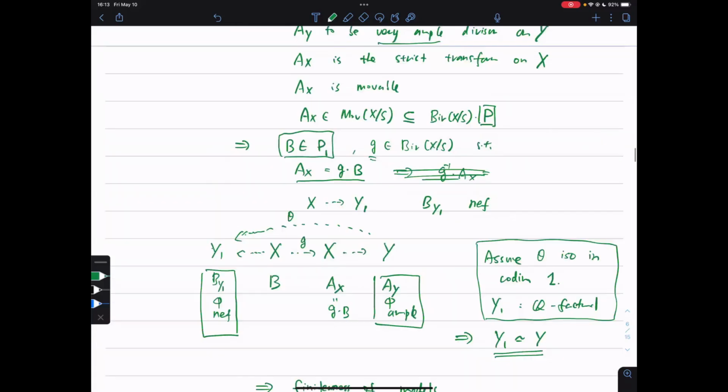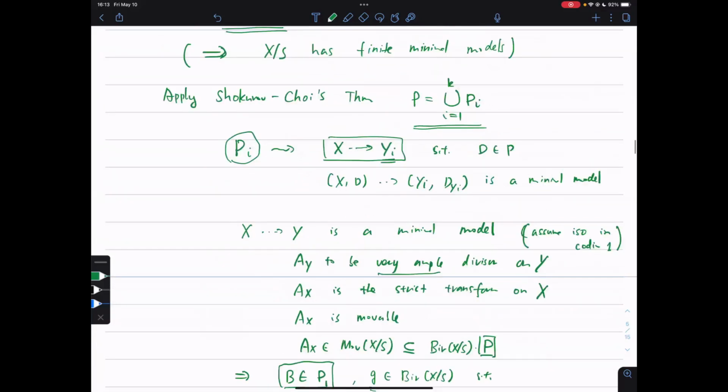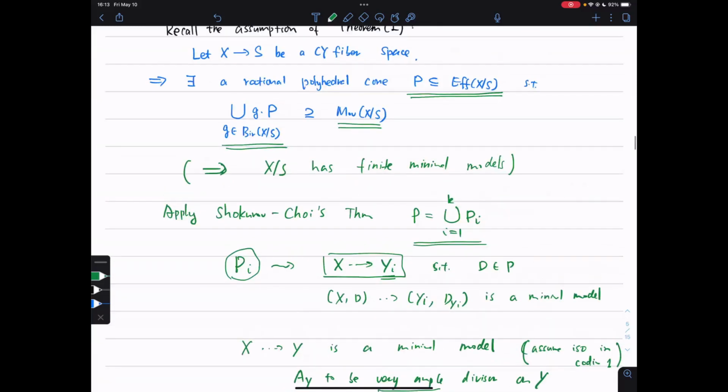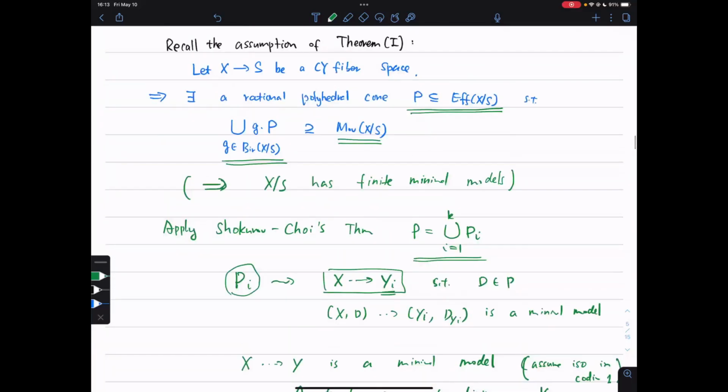So this is the essential idea to prove the finiteness of models, and it is well known, for example in BCHM: you can use the finiteness of cones to get the finiteness of models. Any questions about this part? All right. I want to emphasize again, we should focus on cones inside the effective cone rather than working on movable cones.